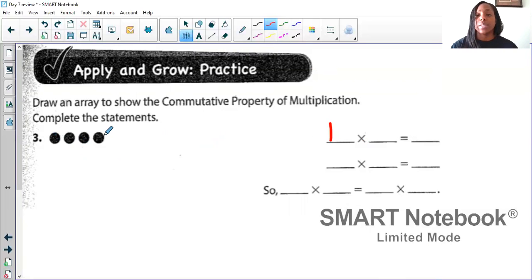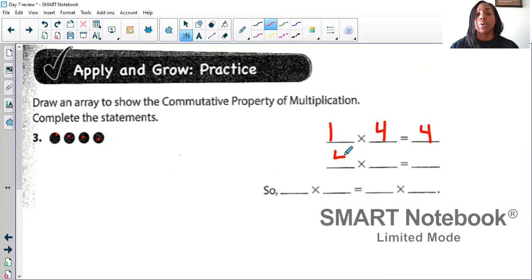Now, how many do we see in each row? Let's count. 1, 2, 3, 4. So we're going to do 1 times 4. What's 1 times 4? You better know that answer. I only see how many up there? 4. So 1 times 4 equals 4. Now, if I flip this array, what does that look like then? That's right.